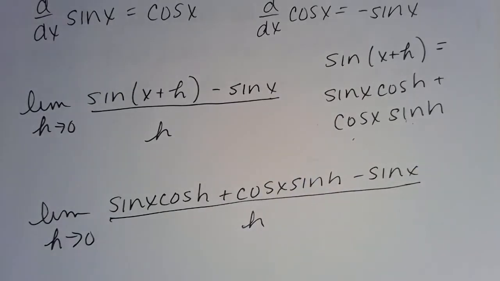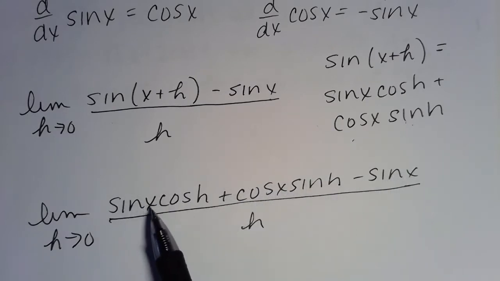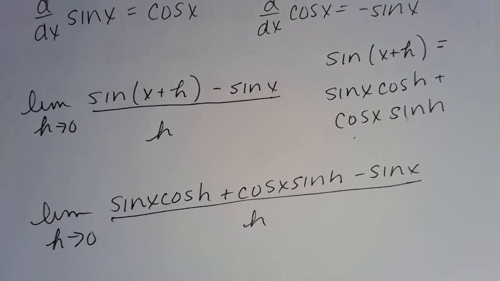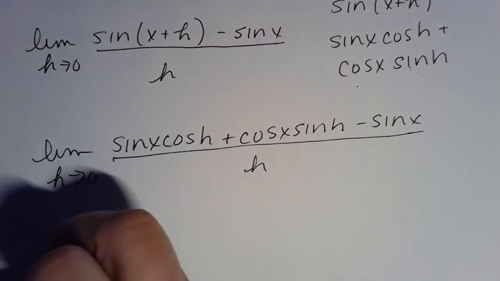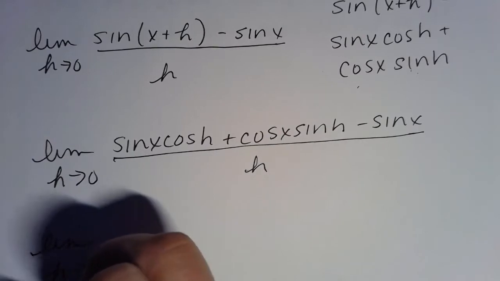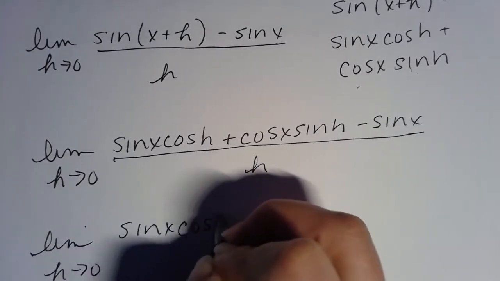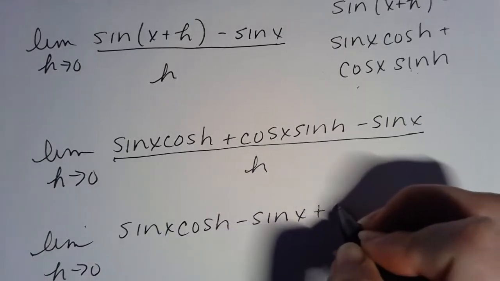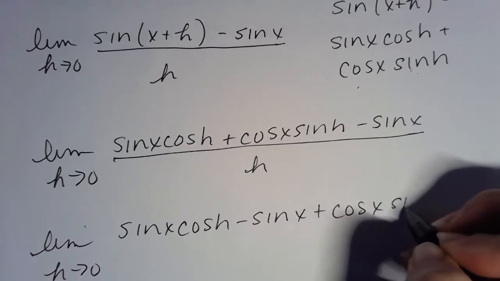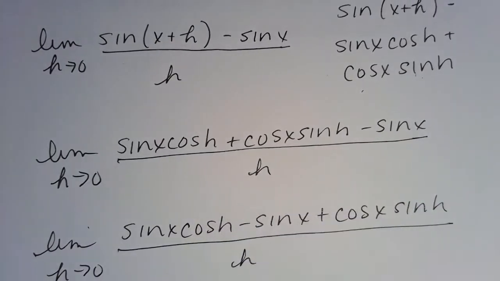Okay, so now I'm going to just switch the order of these two, because I really want this sine to go with this sine over here. So this is the limit as h approaches 0 of the sine of x cosine of h minus the sine of x plus the cosine of x sine of h over h.